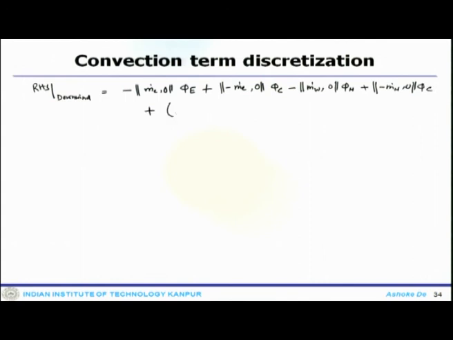For the downwind scheme, the right hand side can be written as minus m dot E 0 phi e minus m dot E 0 phi c, minus m dot W 0 phi W minus m dot W 0 phi c, plus gamma by del x E (phi e minus phi c) plus gamma by del x W (phi W minus phi c).